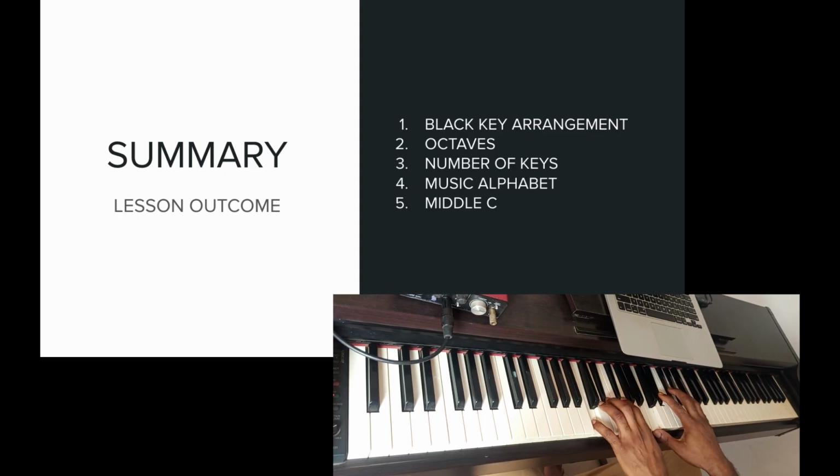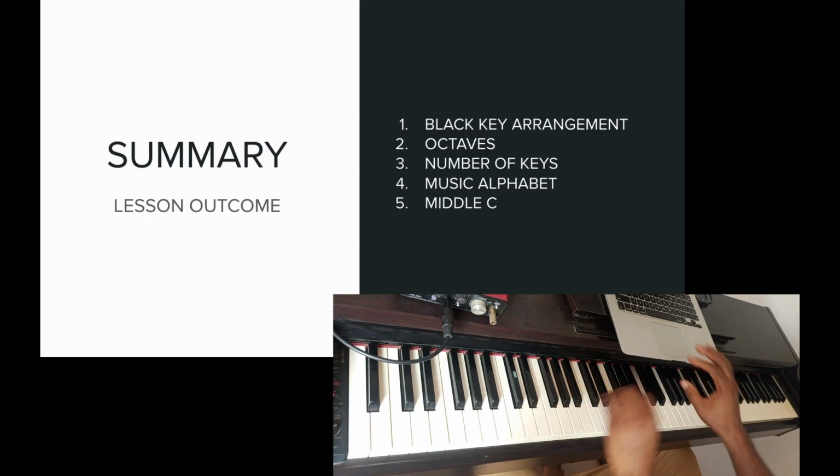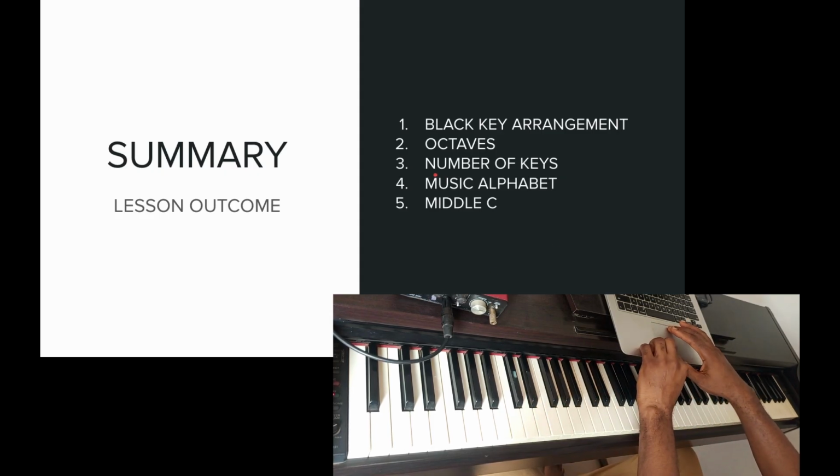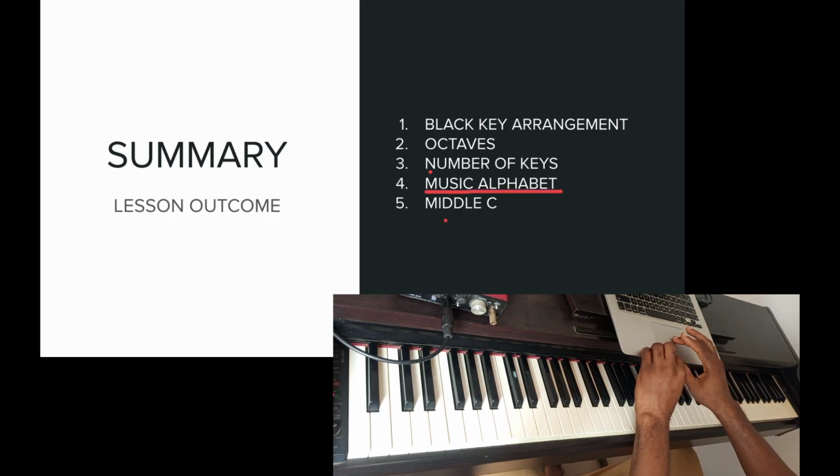So we went on to name the white keys. The white keys get their names from the musical alphabet, which is from letter A to letter G. There is no H in the musical alphabet.